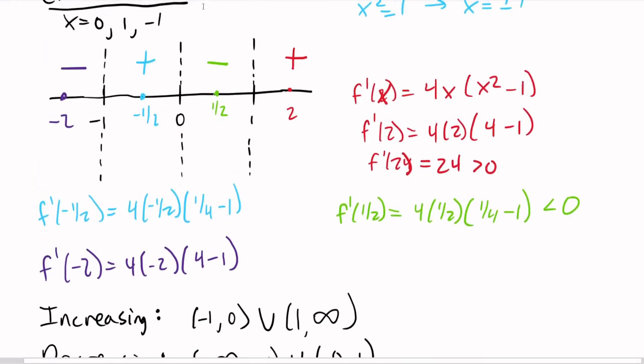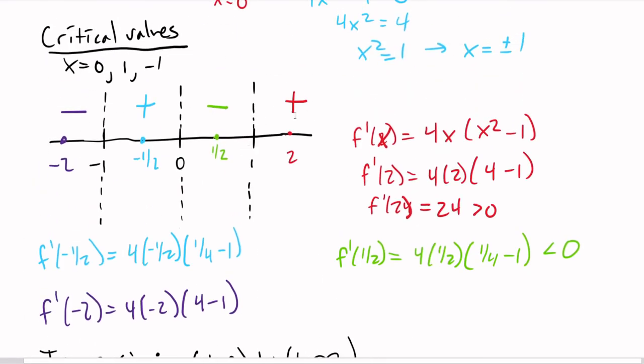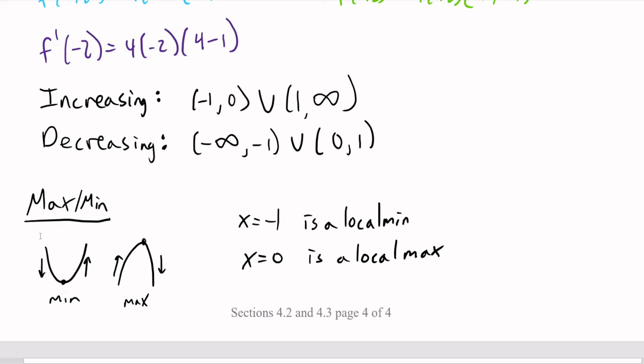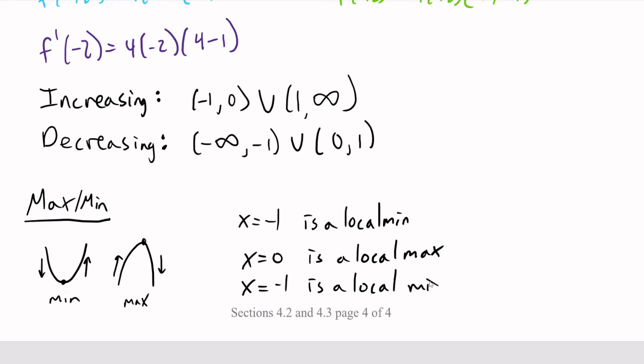Done. At 1, I'm decreasing then increasing. X equals 1 is a local min. That's it. I already did all the work, so I just got to put it all together.